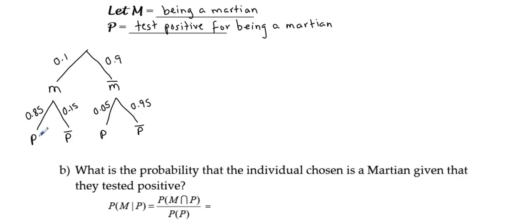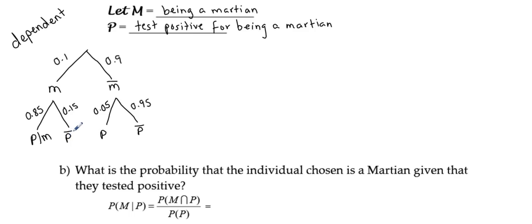Now, the probability of P here is 0.85, so the probability of testing positive is 0.85. This probability of testing positive is 0.05, so those are not equal. So this is where we have conditional probability, because these are dependent events. So this is testing positive given that they're a Martian.